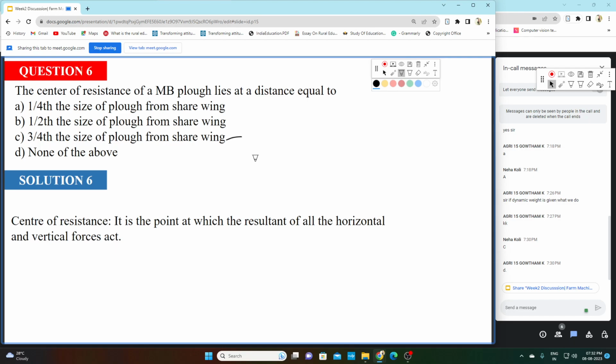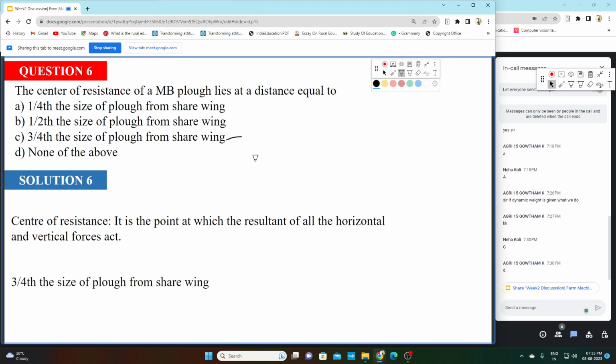First, we need to know this. It is a point at which the resultant of horizontal and vertical forces act on the implement. Okay. So every implement has this center of resistance. What is this center of resistance? It is the point at which resultant of horizontal and vertical forces act.